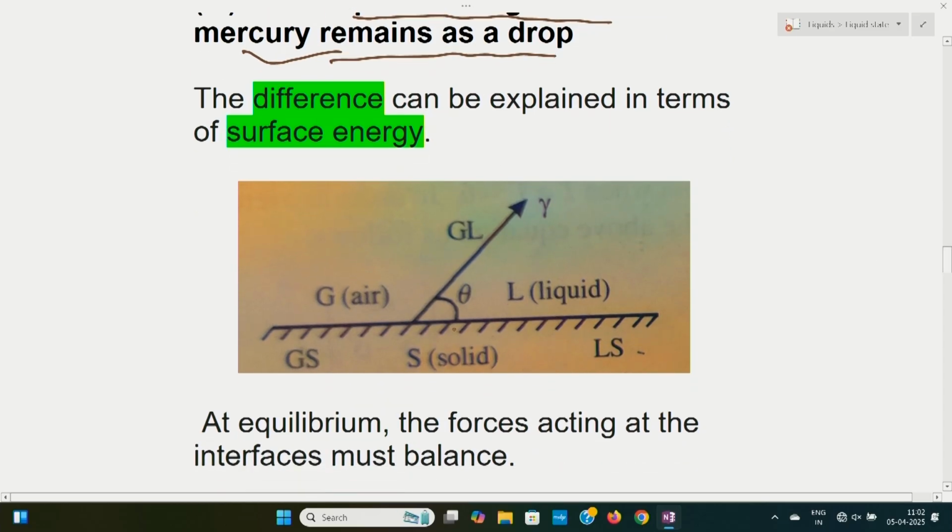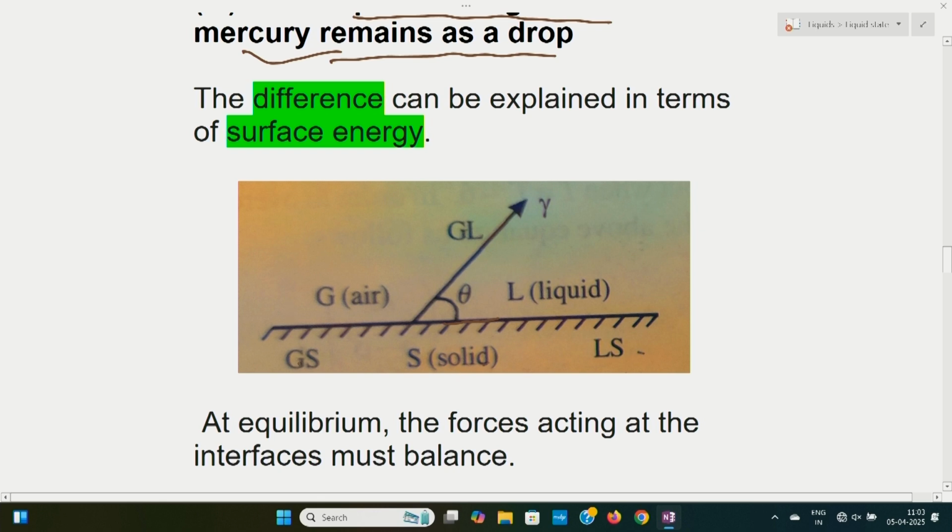Here, this is the solid surface, and the liquid is resting on the solid surface. When the liquid is resting on the solid surface, this theta is the contact angle. Then this is the interface. Here we have air, that is gas, here we have liquid, and here we have the solid surface.